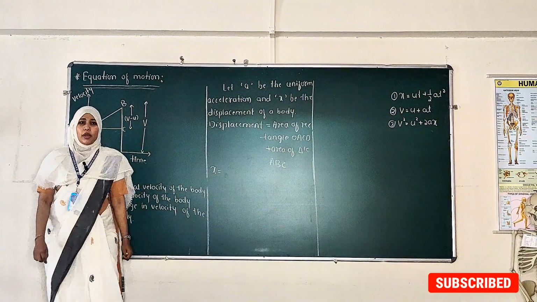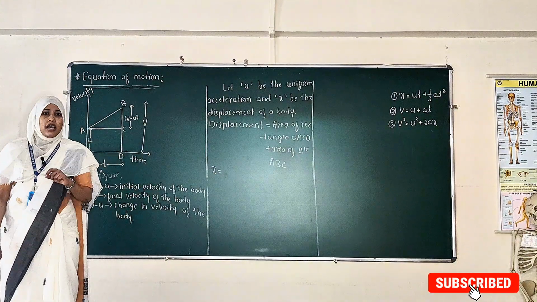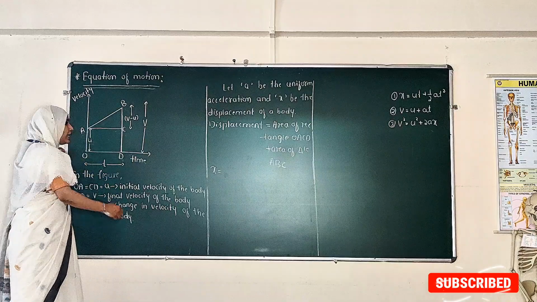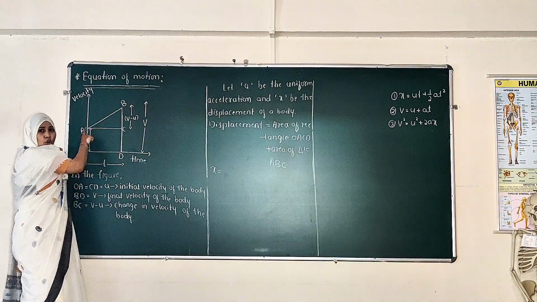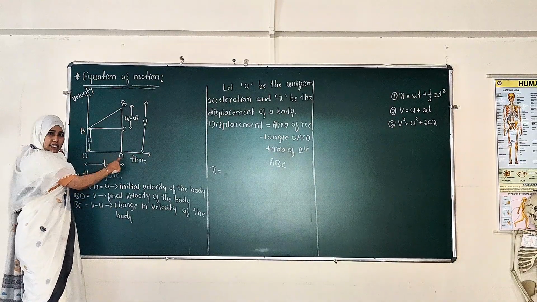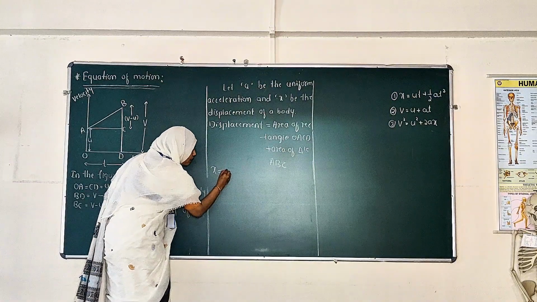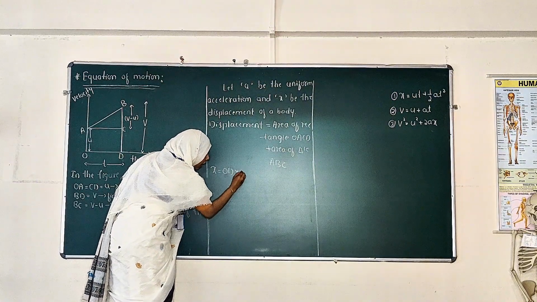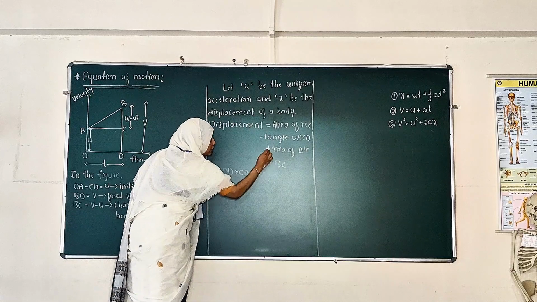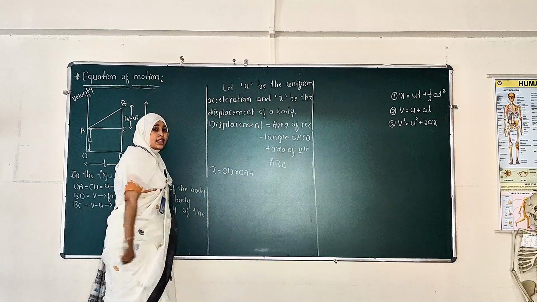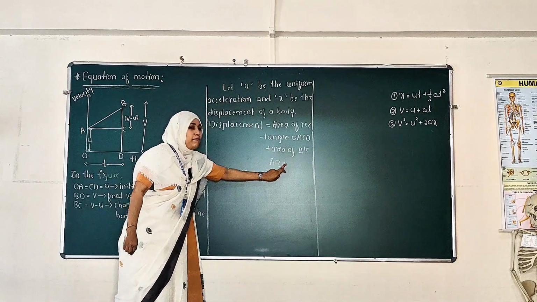What is the formula to calculate the area of the rectangle? Area of the rectangle is base into height. What is the base? Base is OD. What is the height? Height is OA. Write down: X is equal to base OD into height OA. Then what is the middle sign? Plus. Then area of triangle ABC.